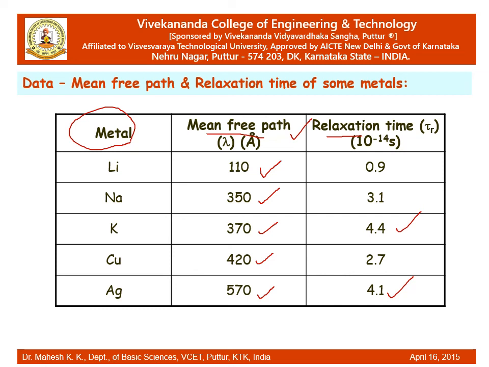Out of these elements, which is a good conductor? Of course, silver is a good conductor, and its mean free path is 570. A large mean free path means that much gap without any collision, so there is less resistance, so conductivity is better. That is how its good conductivity is explained.